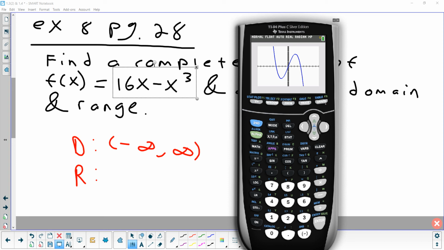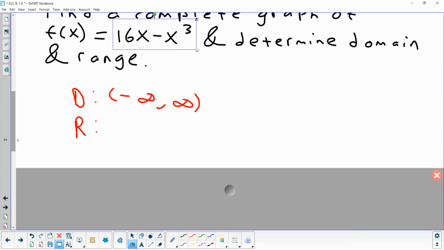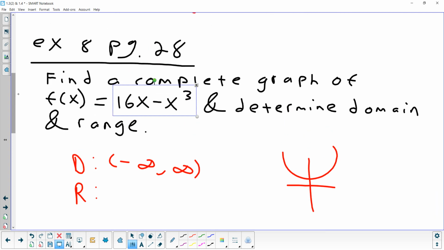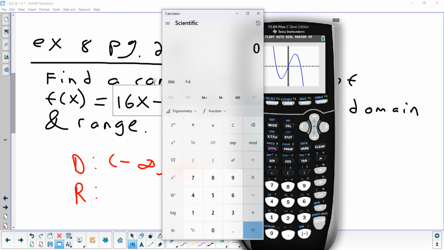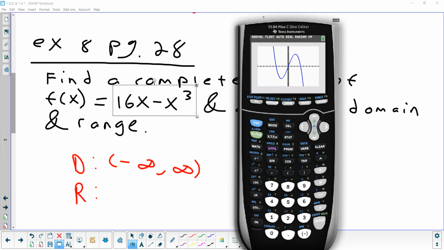Okay. So this is very typical of what you call a cubic function. Right? When you have a parabola, the exponent is a 2, and the graph takes 1 turn. When you have an exponent of 3, the graph can take up to 2 turns.